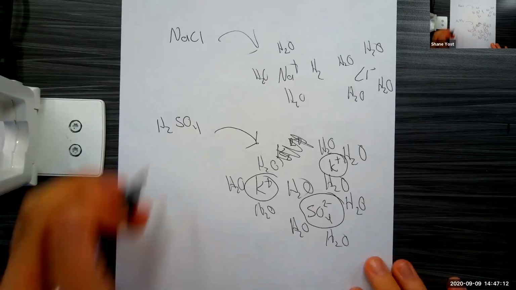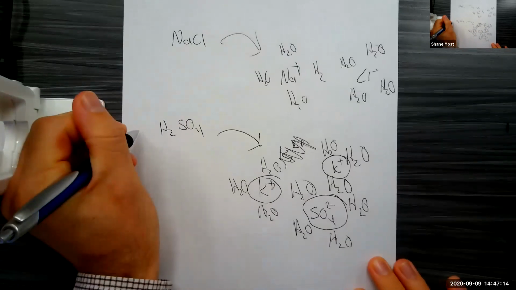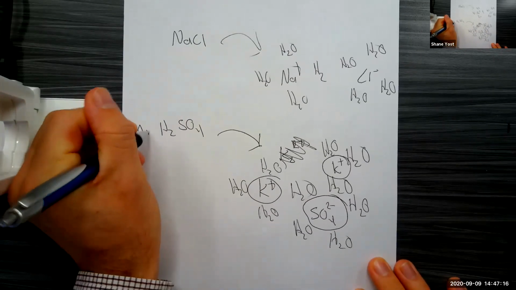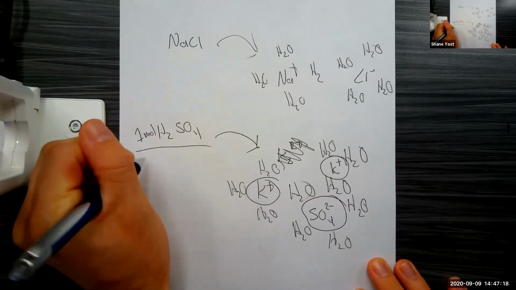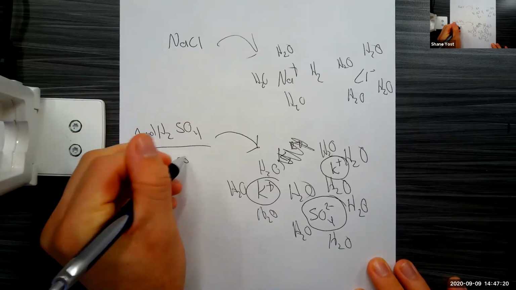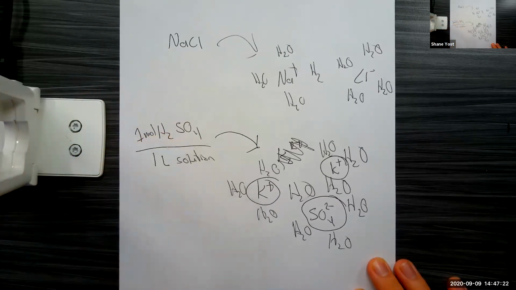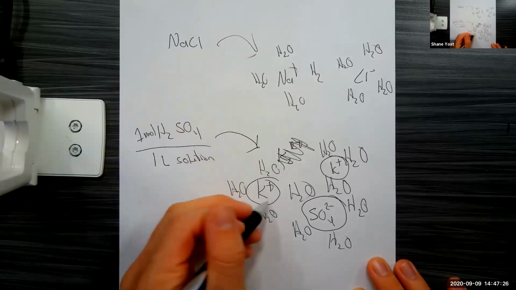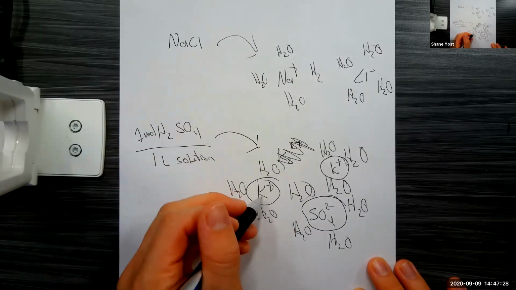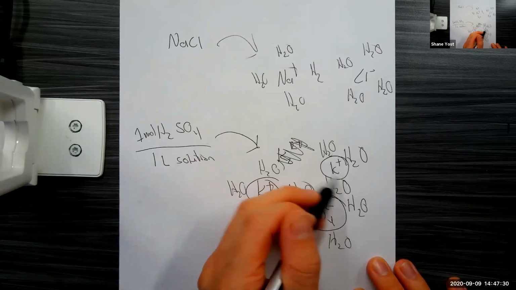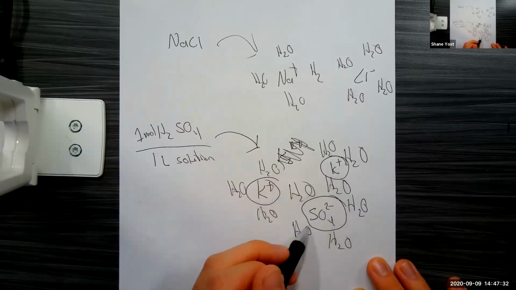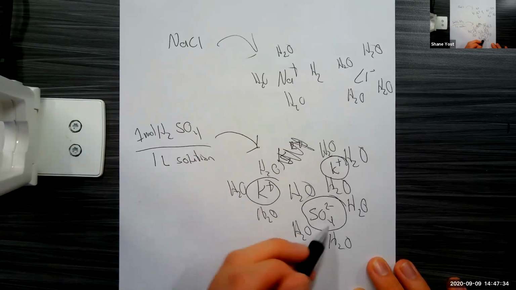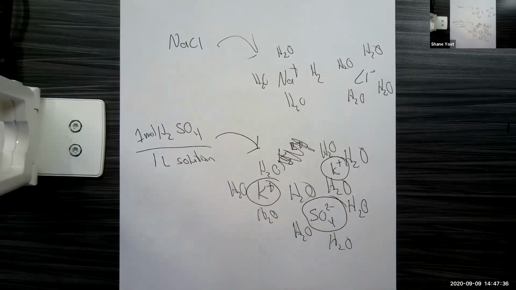So if I dissolve 1 mole of this per 1 liter solution, what that means is I'm going to get 1 mole of this ion per liter of solution, 1 mole of this ion per liter solution, and 1 mole of this ion per liter of solution. So in total, I have 3 moles of stuff per liter in this solution, right?